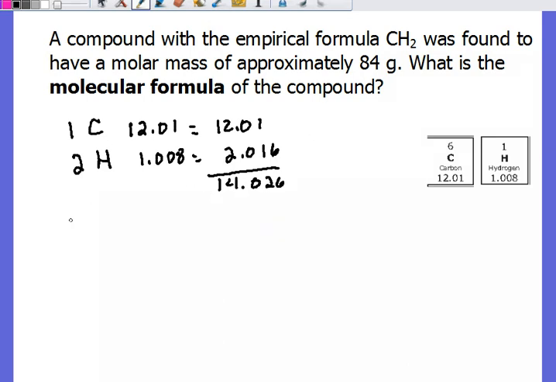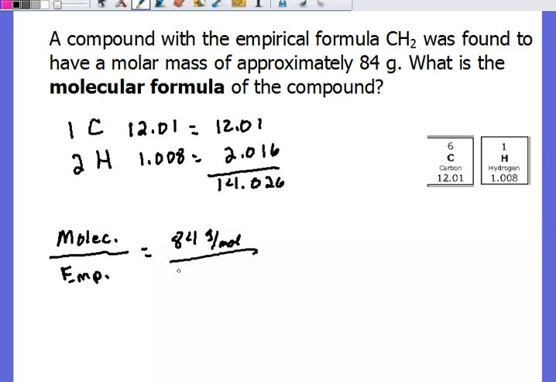So you can take your molecular formula mass and divide it by your empirical formula mass, which would be 84 grams per mole and 14 grams per mole, and you get 6. So 84 divided by 14 is 6.